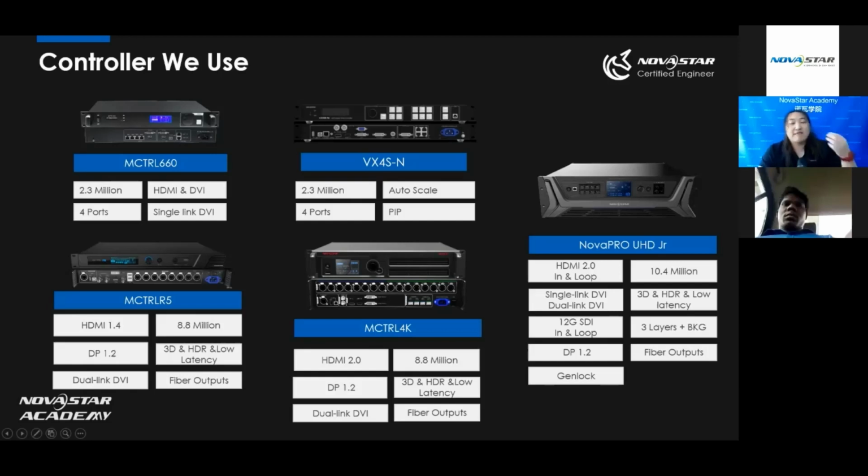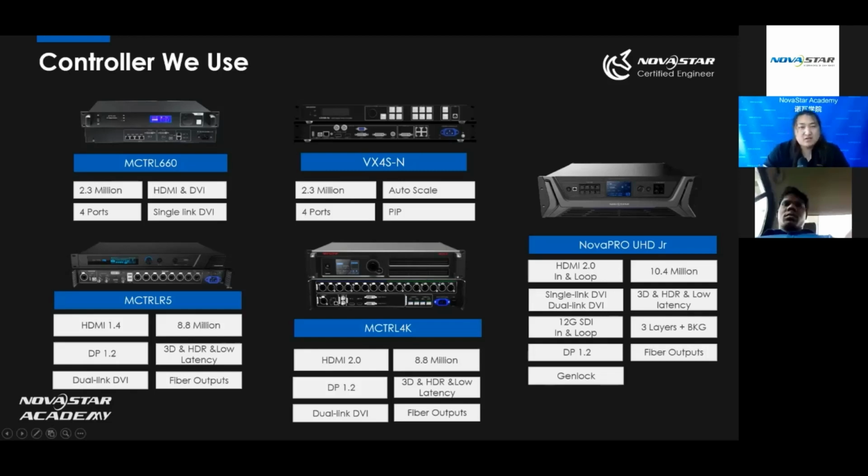So that means we have to use HDMI to do the loop. We cannot give the DP signal in and HDMI loop out. No. And second, it supports single link DVI and dual link DVI. And also it has 12G SDI and loop, DP 1.2, and it also has the genlock. And for the loading capacity, it is up to 10.4 million pixels.